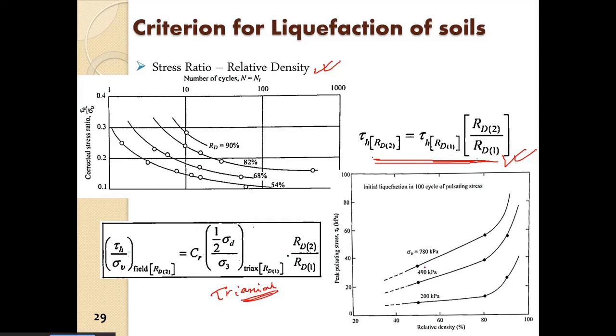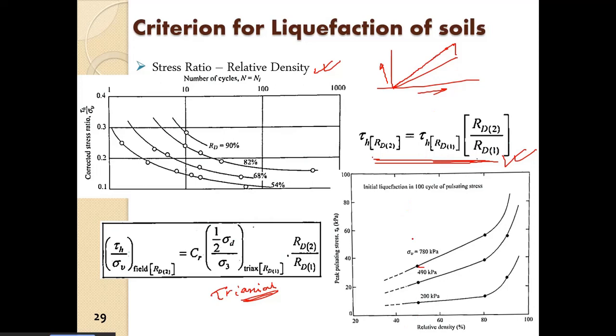So we have seen a relatively linear relationship to the effective confinement and the pulsating stress and the number of cycles.